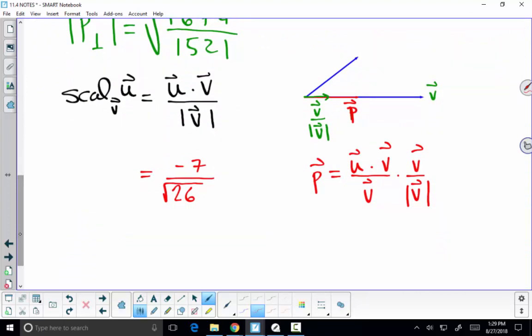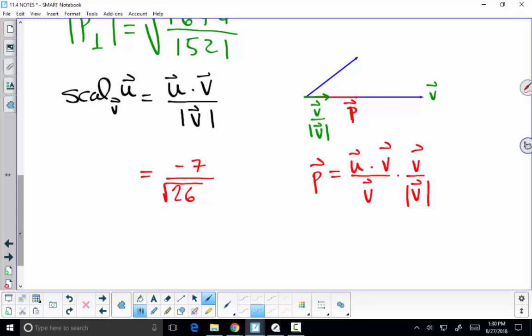All that means is that that's how long p is if this was a positive number, and it means the opposite of the length if it's a negative number. So that red equation for vector p, pretty much what we did here is divide out the vector v the same way we would in algebra. We used that dot product formula.